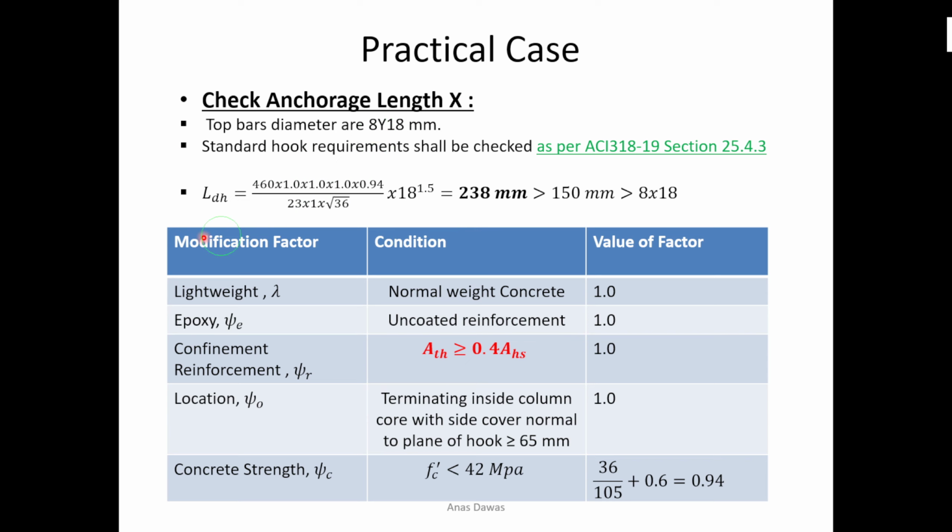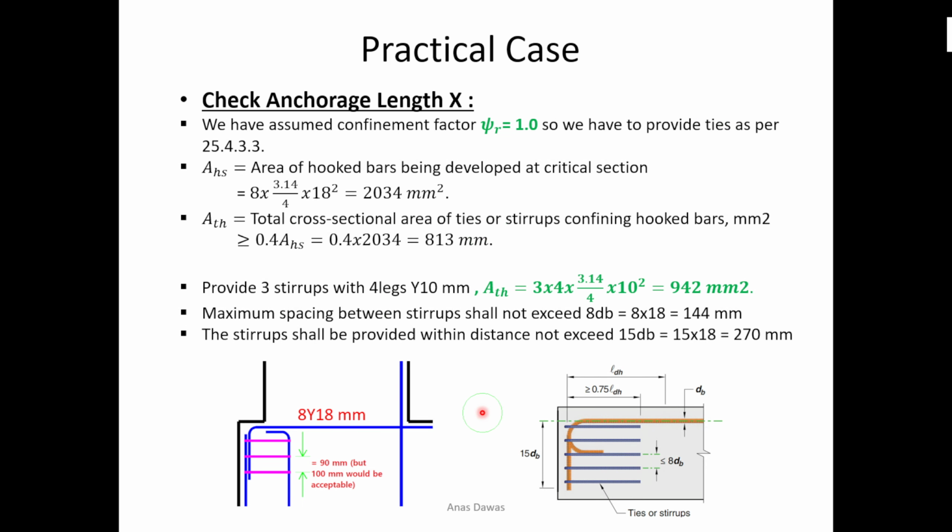The ldh for the standard hook as per ACI code can be found in 25.4.3. This is the equation, I will apply it directly. If we plug the numbers in the equation, we will find that we need ldh of 238 millimeter.